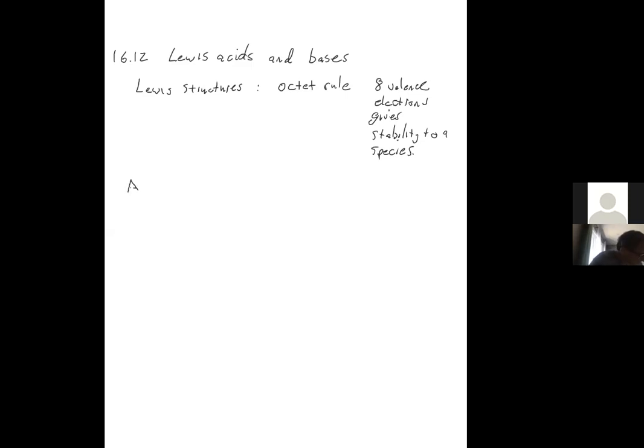The aluminum ion, Al plus 3, the typical charge of an aluminum ion, can react with a hydroxide ion in the following way. The hydroxide ion has a negative charge, right? So I'm going to put the negative over here.